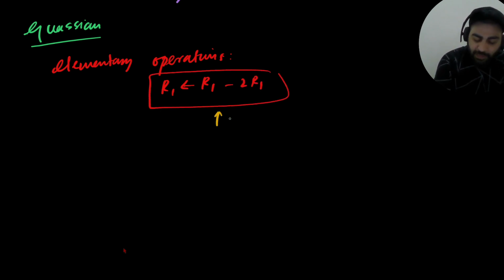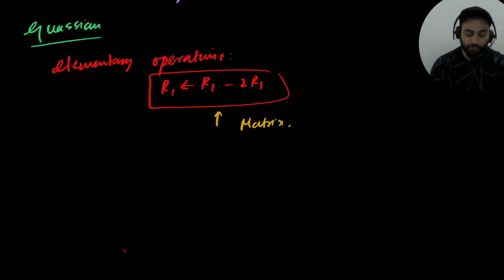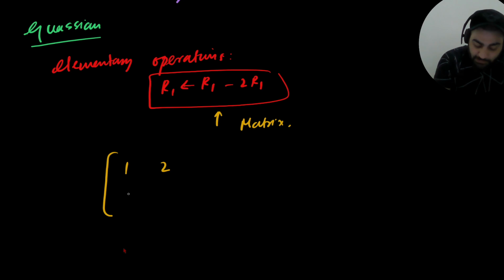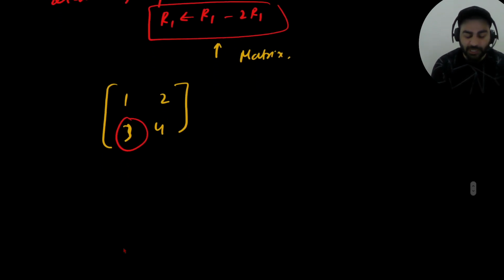Again, if I write these equations, how can I write the elimination step? Suppose I write R1 is R1 minus twice R2, something like this. This can be captured into a matrix. If we had a matrix like 1 2 3 4, and I have to make this entry 0, what did I do in Gaussian elimination?